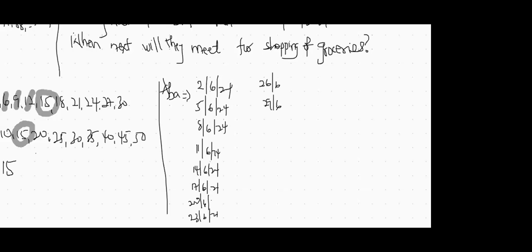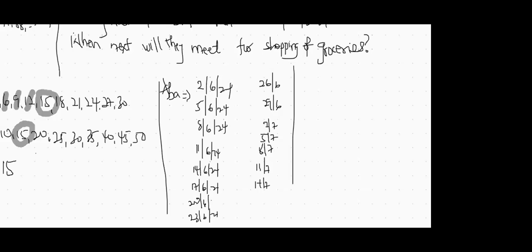June has 30 days, so next is 2nd July, then 5th July, 8th July, 11th, 14th July. In that order.